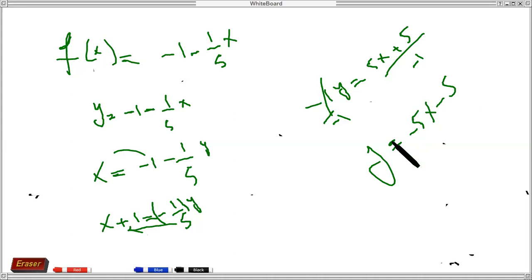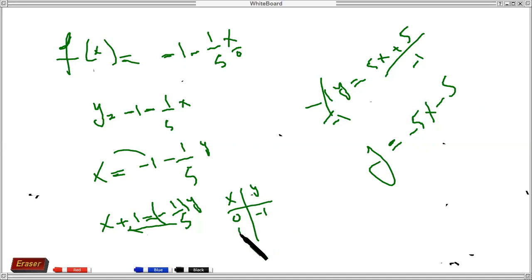How to draw the graph? For drawing the graph, first for x and y, for this function, minus 1 minus 1 over 5x, give values starting from 0. When x is 0, 0 multiplied with this equals 0, so the result is only minus 1.